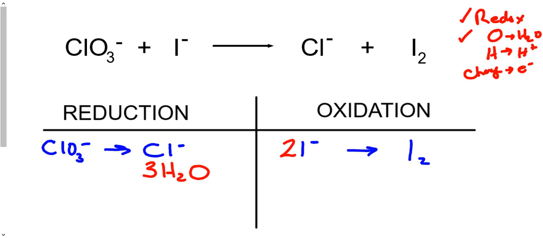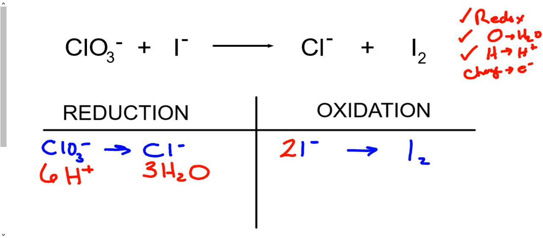On the reduction half, however, I can see that we have 3 hydrogens times 2, a total of 6 on the product side. And so I need to get 6 on this side, so we're going to add 6 protons. Now remember, protons come with a charge of +1. That's really important. Don't drop any charges. Now my hydrogens are balanced.